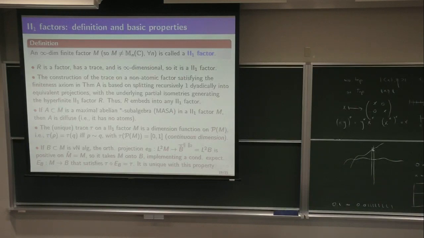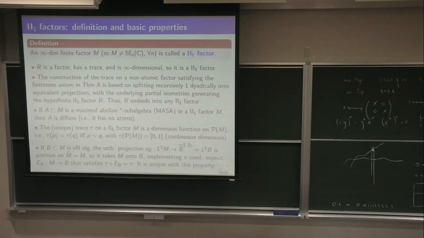Inside you have M, and here inside you have B. With the hats, but let's forget the hats. So this is a completion of M, this is a completion of B. And it's very easy to see that this orthogonal projection is positive: if you take any element in M that's positive, it goes into a positive operator there.